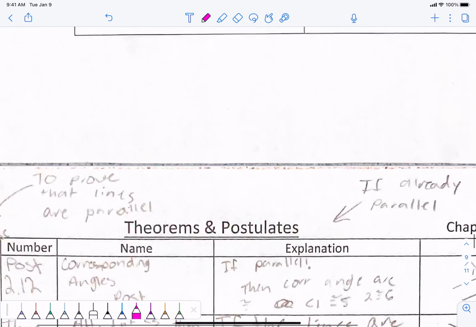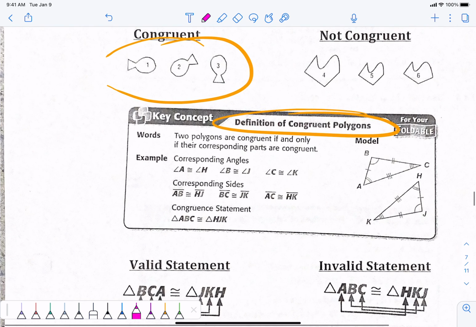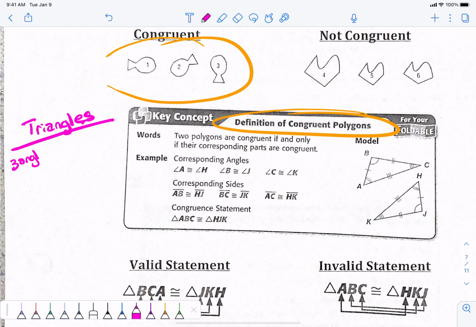Okay. All right. Let's go back to the box here where it says that. And so if we're working with triangles, we would have 3 angles over on the one side congruent to the other 3 angles.